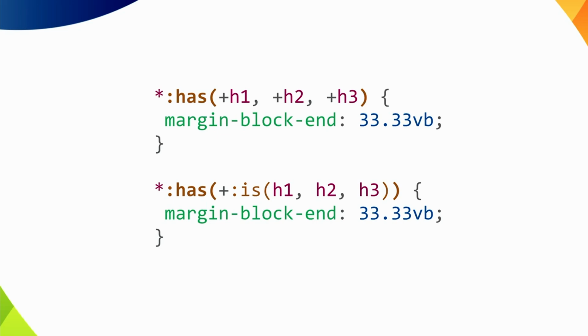The first way you do it is, does this element have a following sibling H1, a following sibling H2, or a following sibling H3? The second way is doing the exact same thing. It says if the element has a following sibling that is H1, H2, or H3, you get the same result. Two different ways of expressing the same idea.